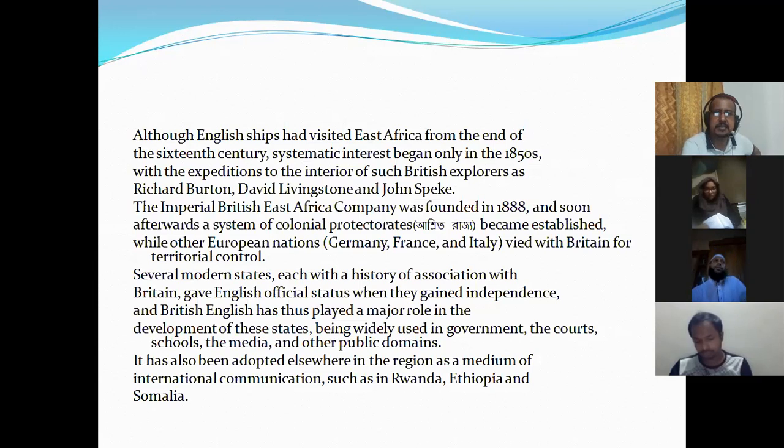The Imperial British East Africa Company was founded in 1888, and soon afterward a system of colonial protectorates became established, while other European nations, Germany, France, and Italy, vied with Britain for territorial control.